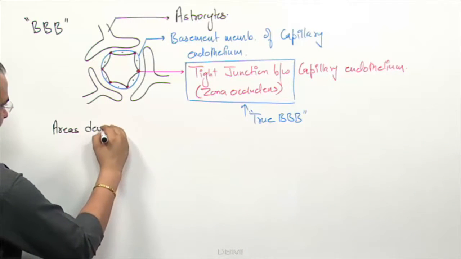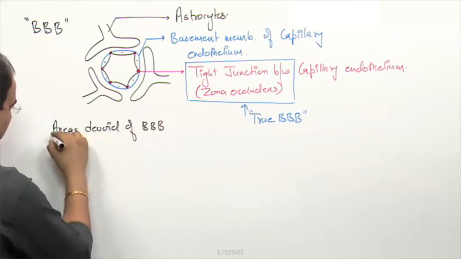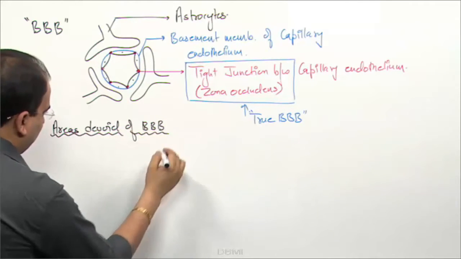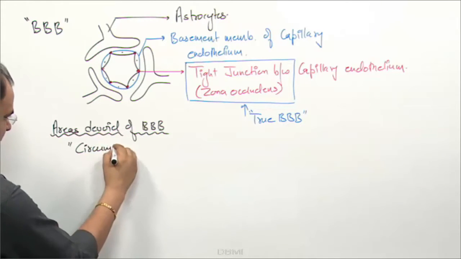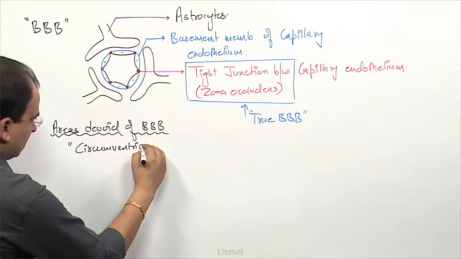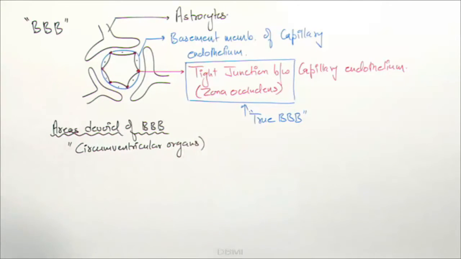The areas devoid of blood-brain barrier, as I said, are called the circumventricular organs.